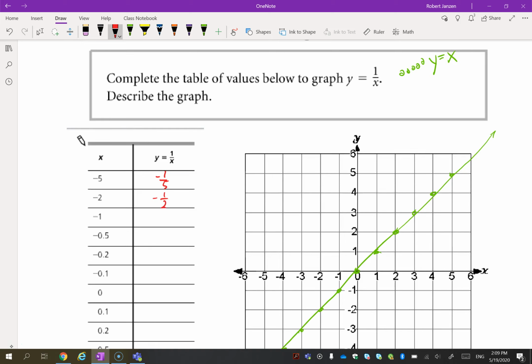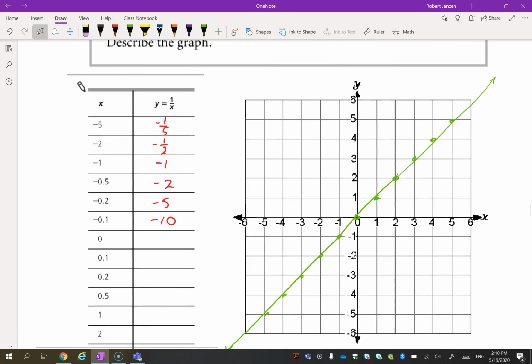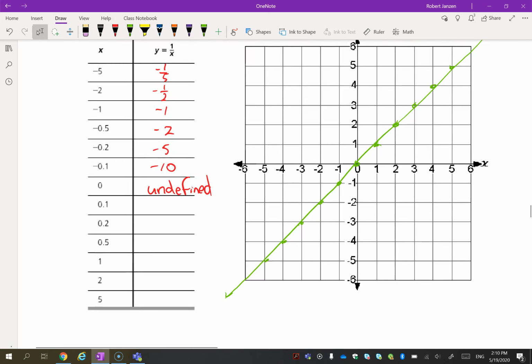I'm going to get -1 over 2, and 1 divided by -1 is -1. 1 divided by -1/2 is -2. Now what happens when you go 1 divided by 0? You can't divide by 0. And the positive values are going to give you the same as we just had.